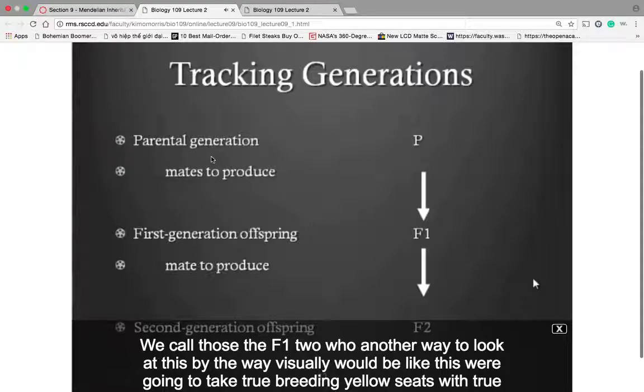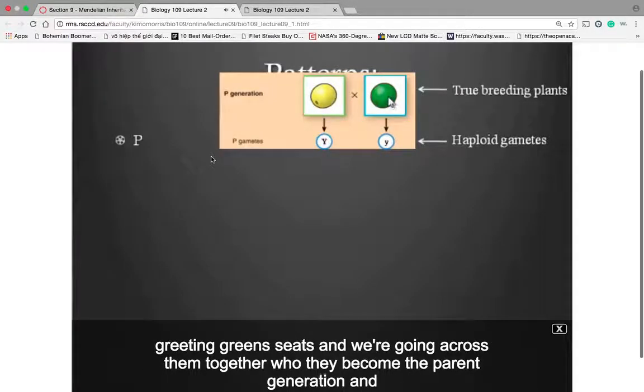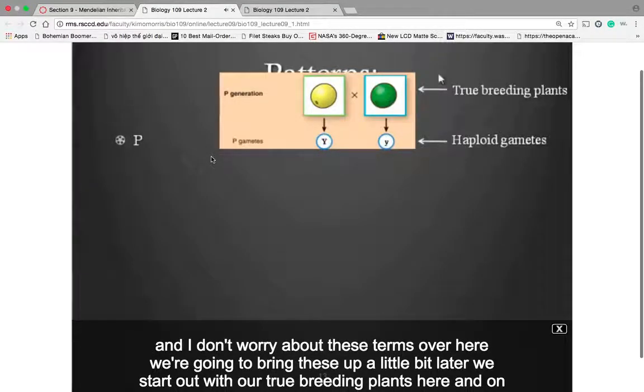Another way to look at this, visually, would be like this. We're going to take true breeding yellow seeds with true breeding green seeds, and we're going to cross them together. They become the parent generation. Don't worry about these terms over here. We're going to bring these up a little bit later.